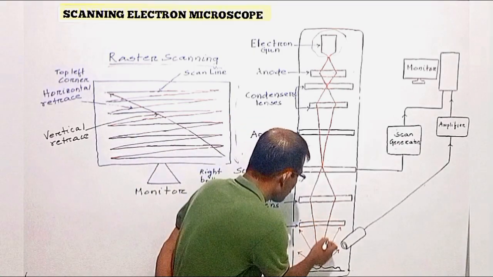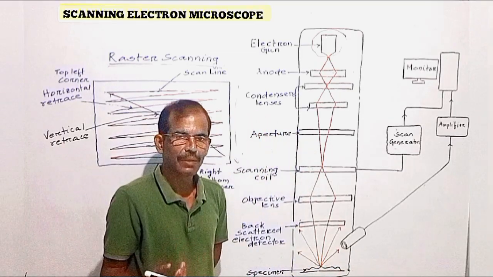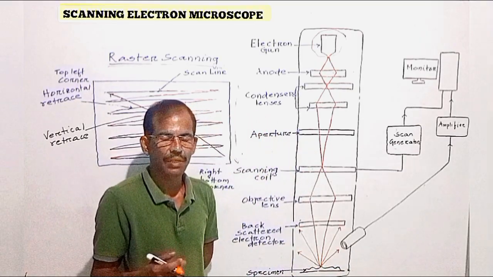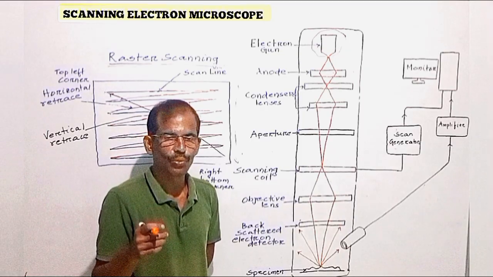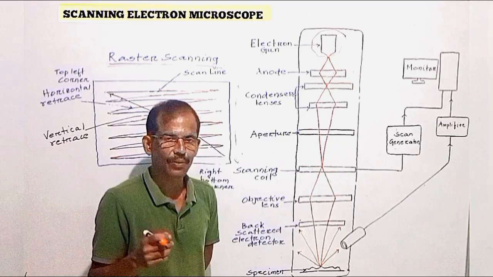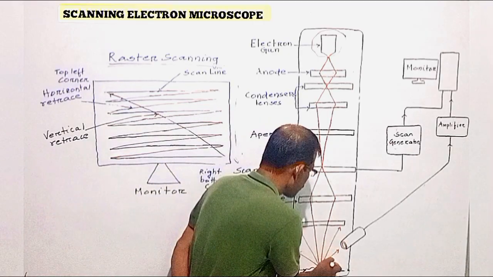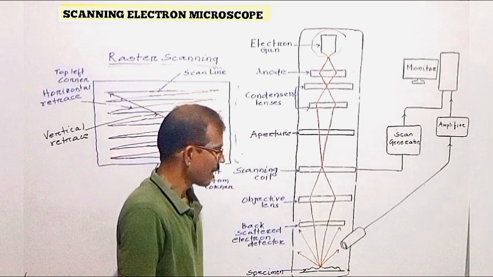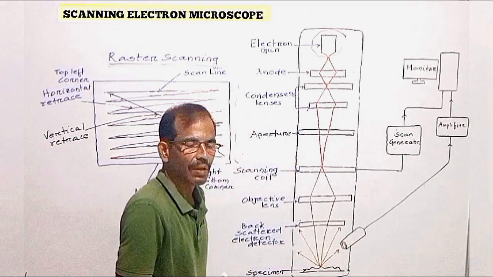When the electron beam strikes the specimen surface, two types of signals are generated. Number one is secondary electrons and number two is backscattered electrons. Secondary electrons, which are of low energy, are emitted from the top surface layer of the sample.